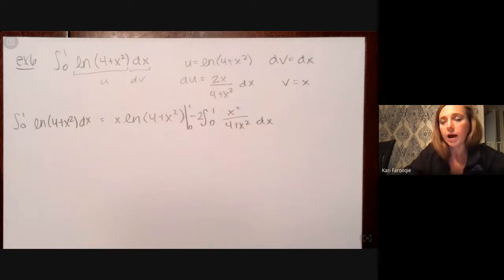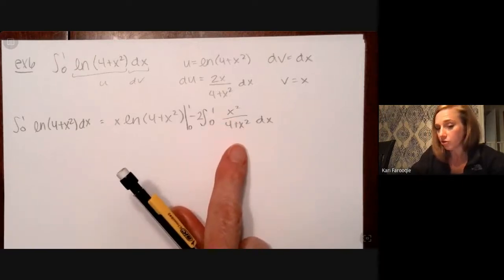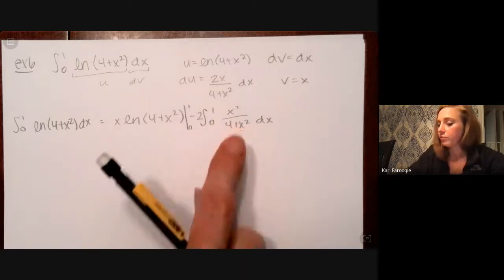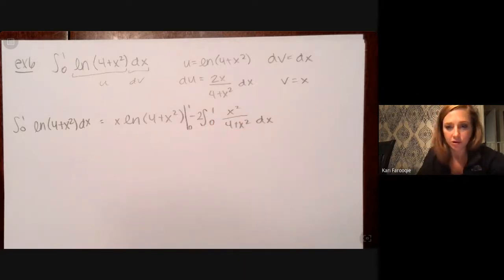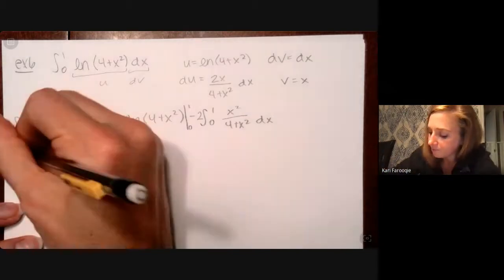I'm kind of disappointed because your Sullivan book for Calc 1 didn't really give any instruction on what to do when you had this situation. And this situation is where you have a rational expression with the same degree in the numerator and denominator. So I'm going to write down what to do now.